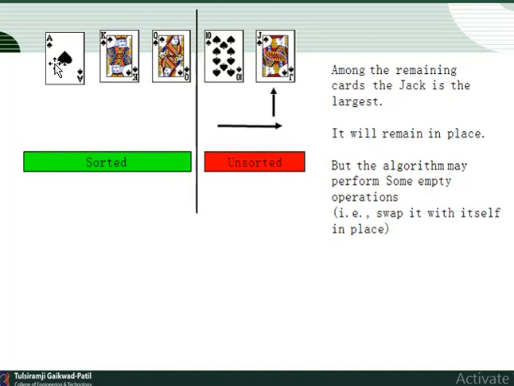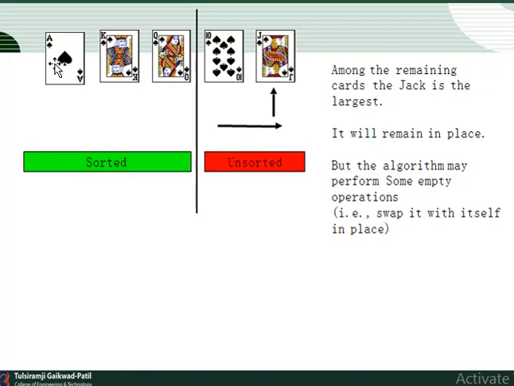Now there are 2 cards still remaining, that is 10 and jack. Among the remaining cards, the jack is the largest. If we compare it with the 10, jack is the largest. It will remain in place, but in the algorithm it may perform some empty operation, swap it with itself or swap it with 10.